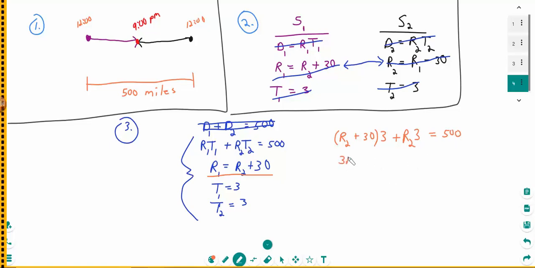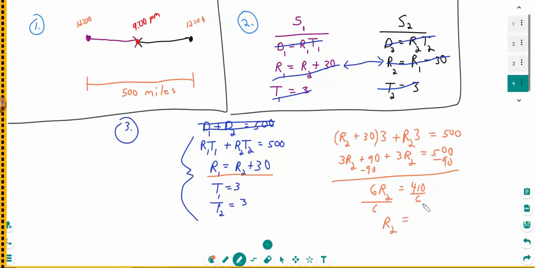So we have 3R2 plus 90 plus 3R2 is equal to 500. Okay, and we combine our like terms, and then I'm going to subtract the 90 from both sides, and we end up with 6R2 is equal to 410. And then if I divide both sides by 6, I end up with R2, so it's 68 1/3 miles per hour.